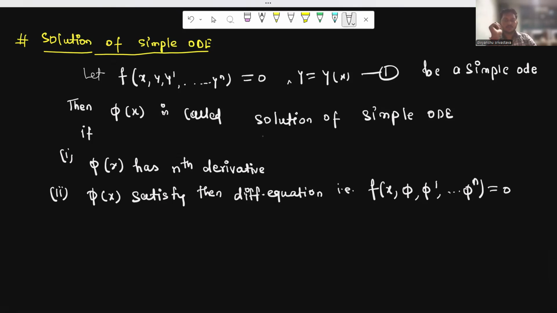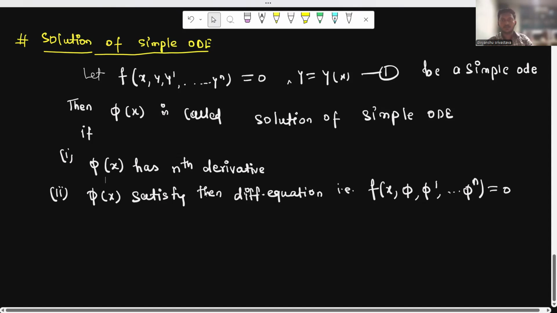In the first case, phi(x) has an nth derivative, and second, it must satisfy this differential equation. So we say that this is a solution of the simple ODE.